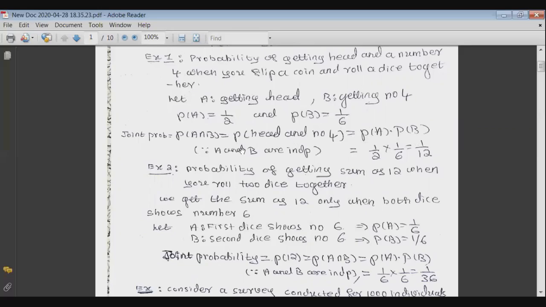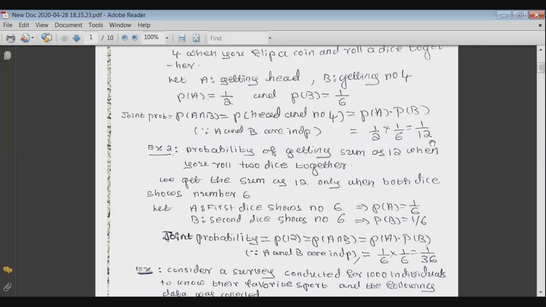That equals 1 by 2 times 1 by 6. Therefore the total probability is 1 by 12. This 1 by 12 represents the probability of getting a head and a number 4 when we toss a coin and roll a die simultaneously or together. That's one simple example which illustrates the concept of joint probability.